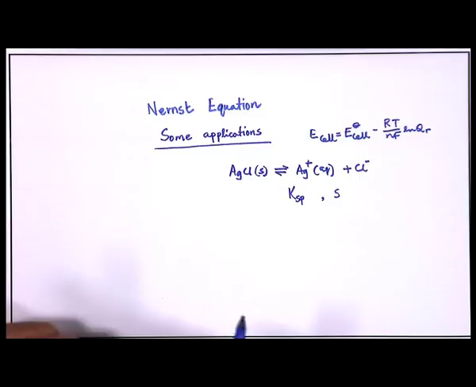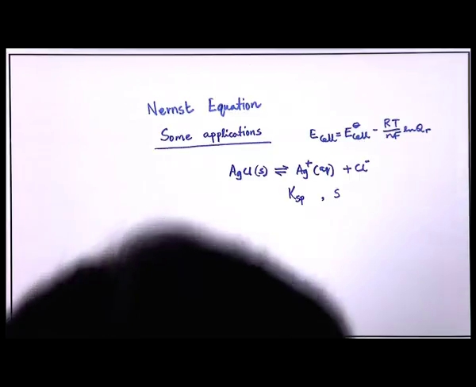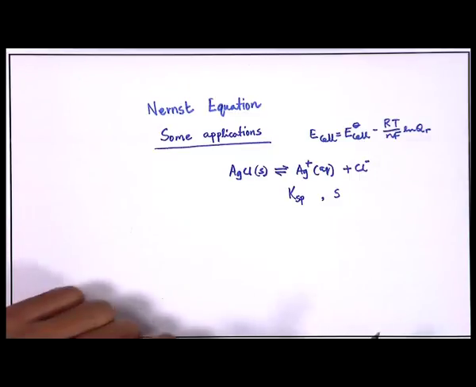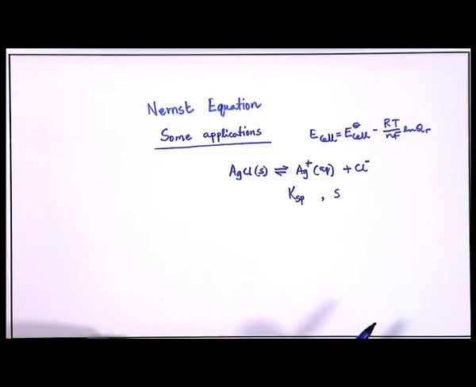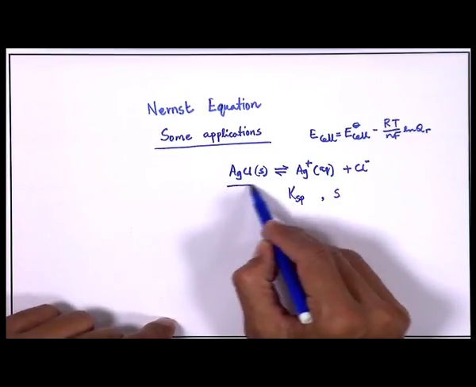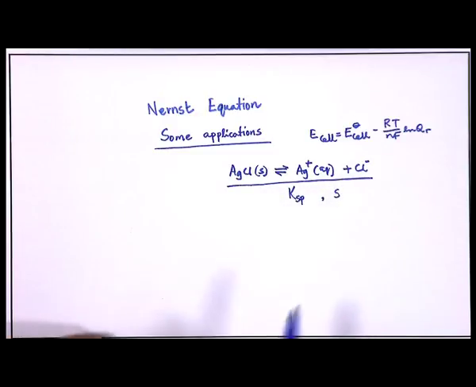As I mentioned in the earlier class, we have to construct an appropriate cell which has the net reaction like this. Then it is possible to find out the equilibrium constant of this process from cell potential measurements.